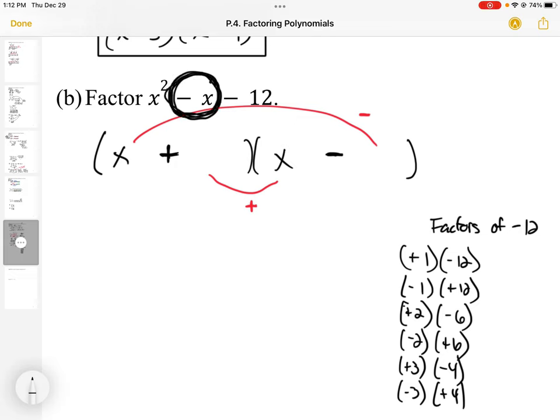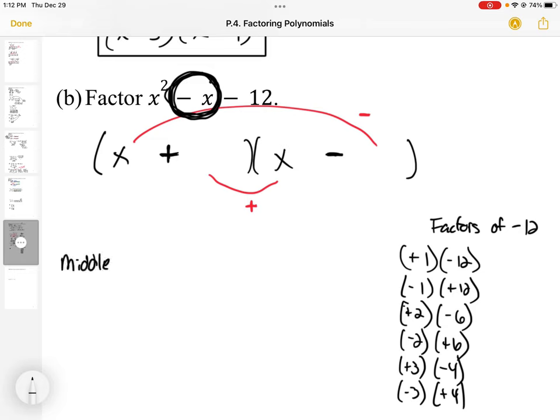Okay, if we were getting a middle term that was larger, say negative 11, then we would want our factors further apart from each other. We'd be looking at the 1 times the negative 12 and the negative 1 times the positive 12. So because our middle term is small, we're going to be looking for factors that are close together. Let me write that down.